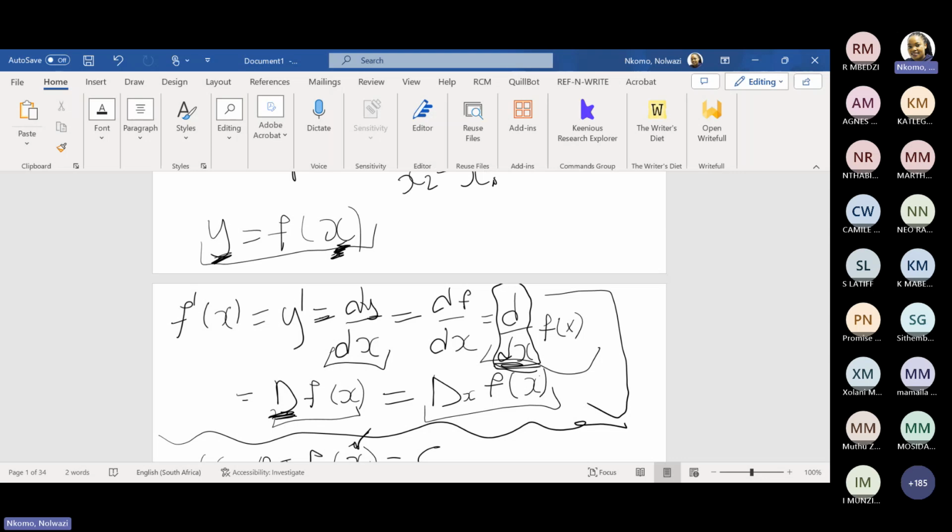Differentiation operators. Yes. So I want to know that at the end of this function here, it's d over dx. Is it equal to f of x, or is f of x next to it? You mean this part? Yes, I want to know is there a multiplication sign, or an equal sign, or is it like that.